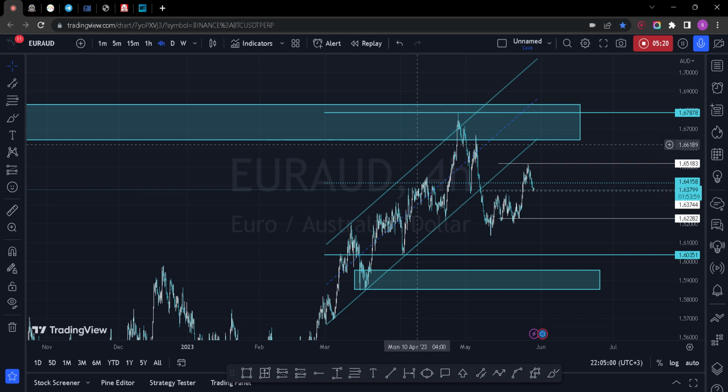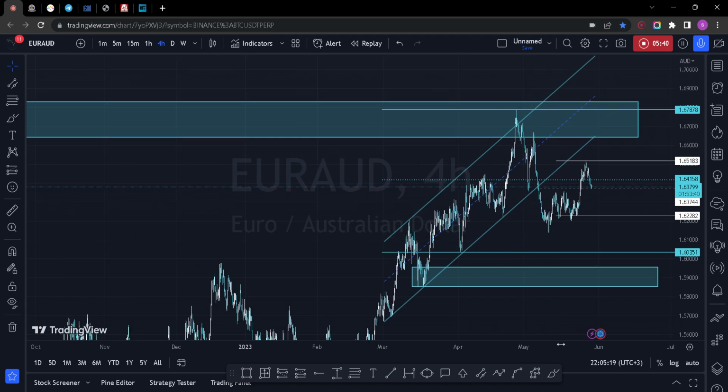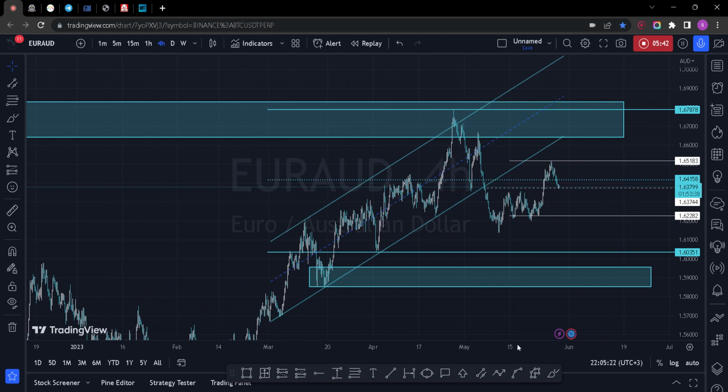So, for instance, this zone, when price reaches here, this is where I either take a short or a long. Depending on how the price evolves on this zone and the nature of rejection, now my signal starts to build.